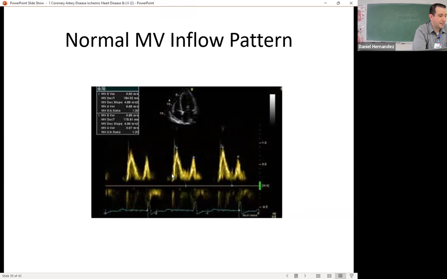You're going to measure your peak E and peak A velocities, and you can also measure our deceleration time for the E wave. You measure along the slope of that E wave from peak E down to the baseline, and that gives you your deceleration time.